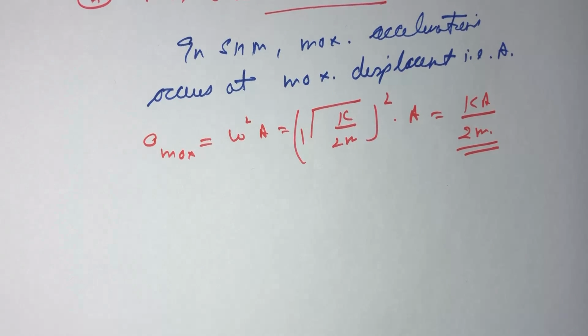So we found our maximum acceleration, that is KA divided by 2m.